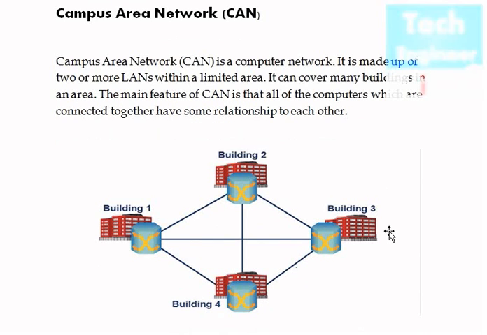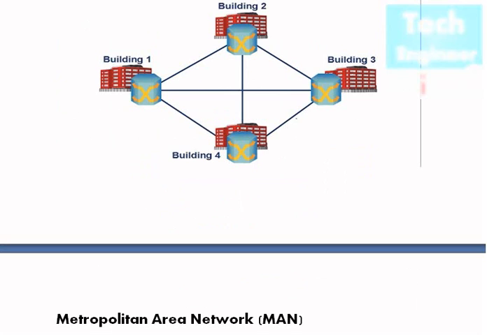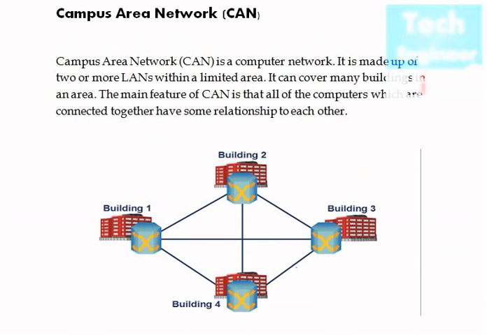That's the reason it is known as a campus area network, meaning a privately owned campus with an area of 5 to 10 kilometers. Whatever network is spread across the university is known as a campus area network.